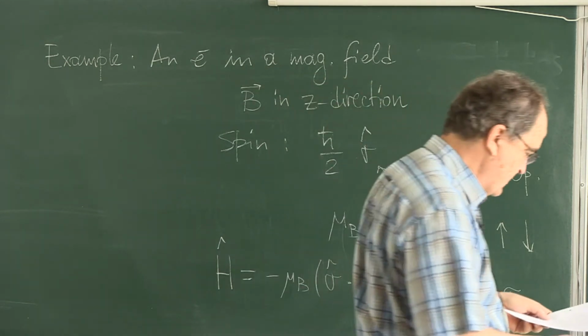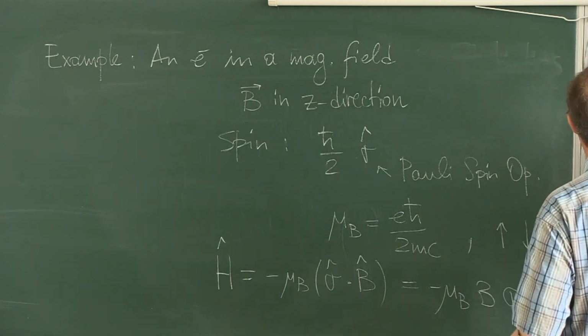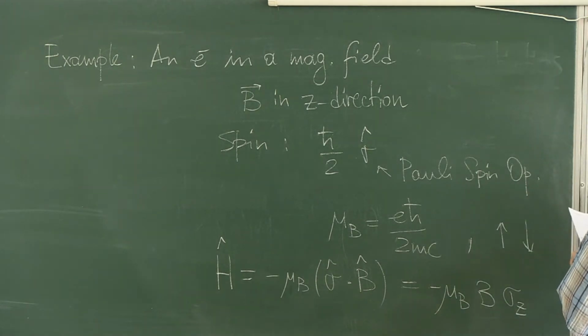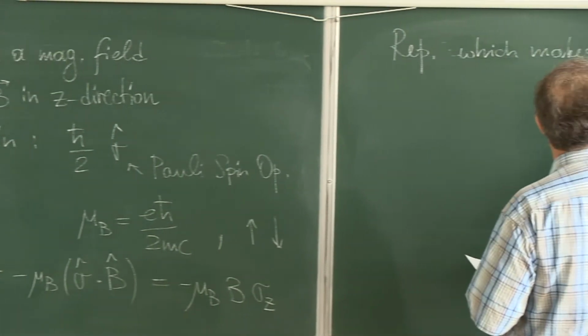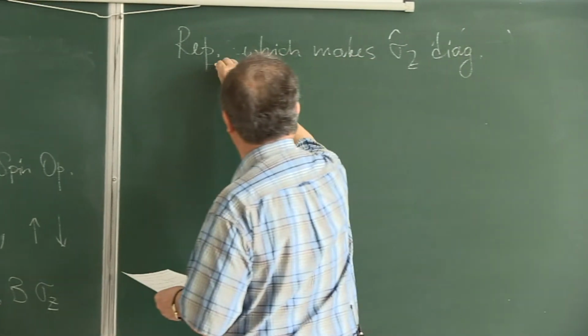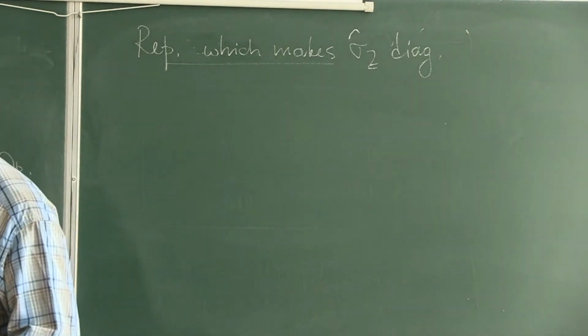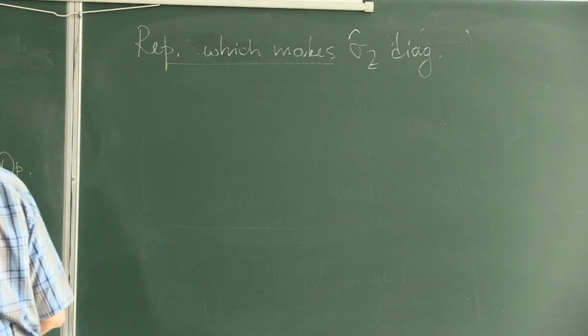We know that the representation which makes sigma Z diagonal is the representation we want to choose, because we want to diagonalize our Hamiltonian.